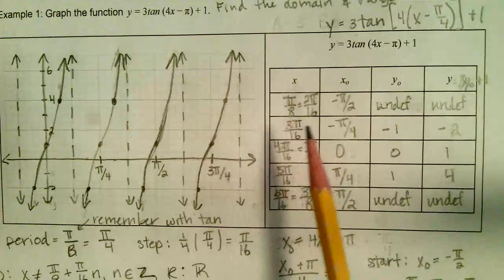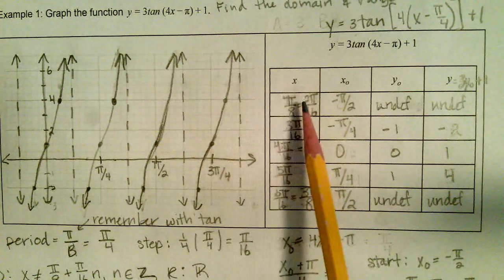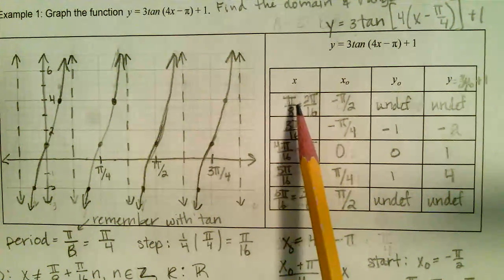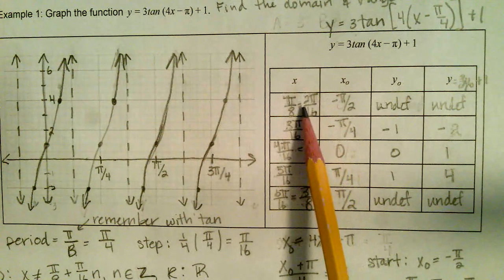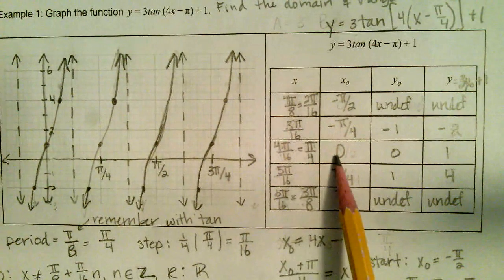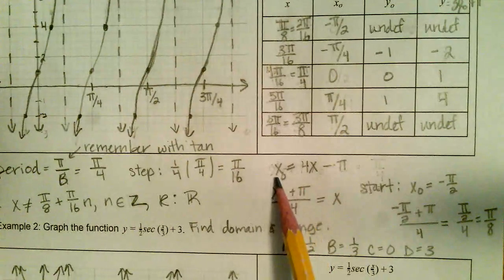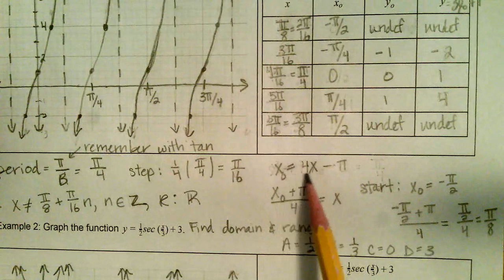And the other thing that's different with tangent: a lot of times in our tables with sine and cosine, we changed our first value to negative c. You can change your 0 value to negative c. But a lot of times what I do is I know that my original x is now 4x minus pi, which is just coming from here.